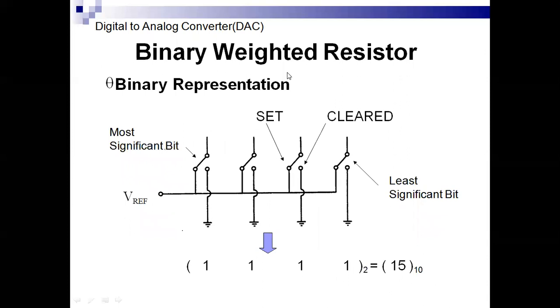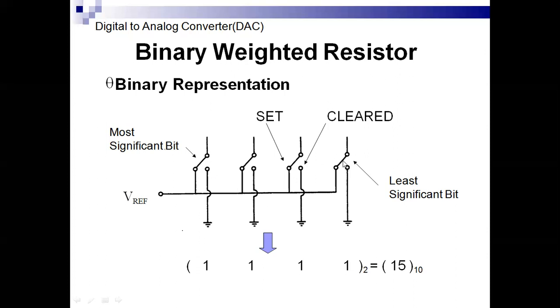Binary weighted resistor, binary representation: the first one is the LSB, and next one is for clear and it is for set. Once it is connected over here, you can say it is clear, and when it is connected over here, it means it is the set value. In the same way for each one, when it is connected over here, it means clear. It is connected with ground, and whenever it is connected to this side, we are setting the values.